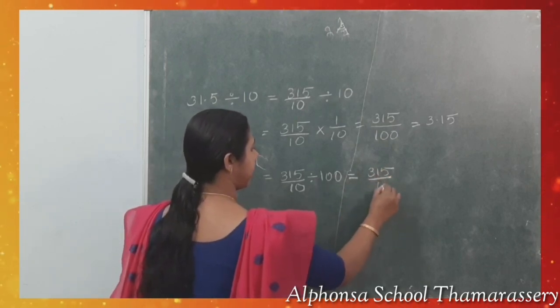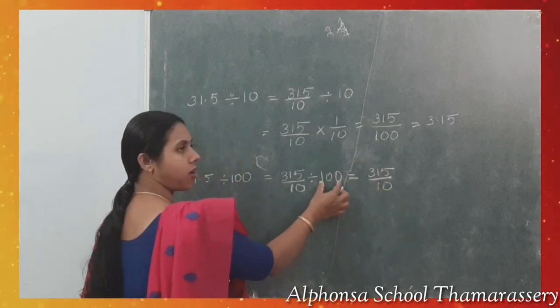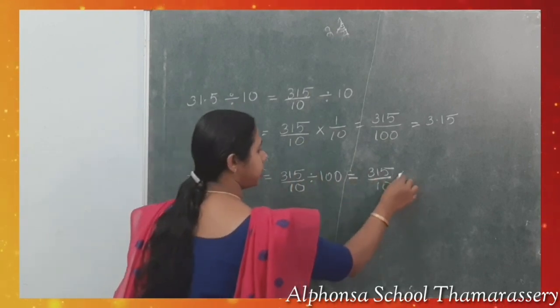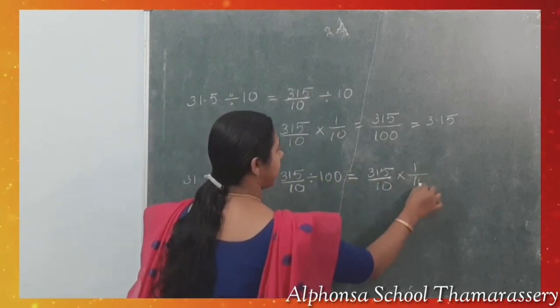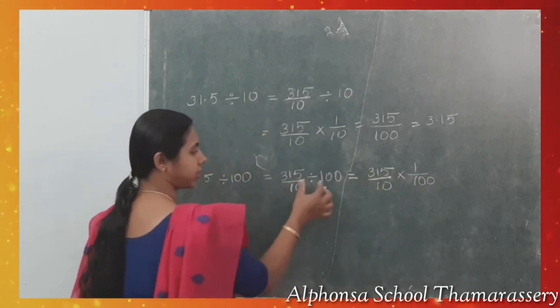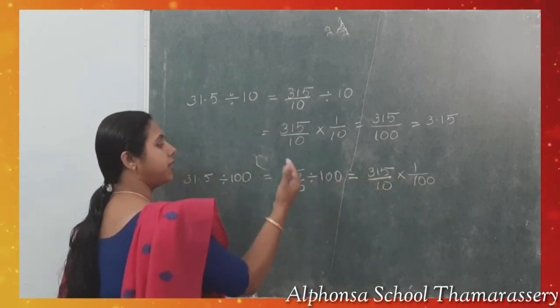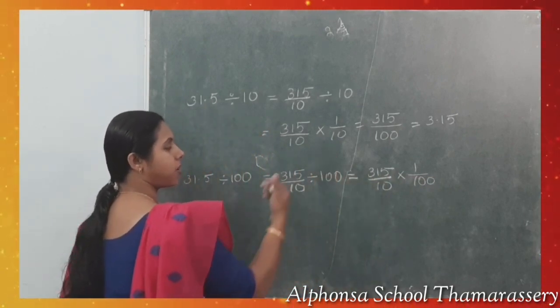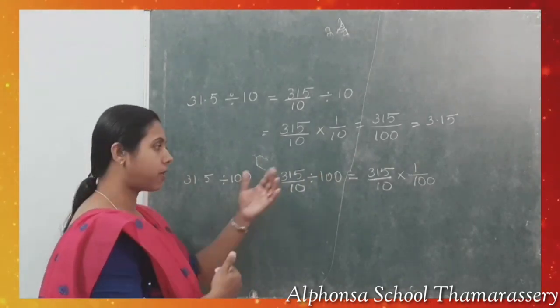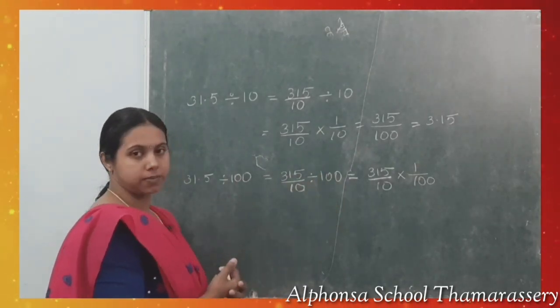Take the reciprocal of 100 and multiply by 1 by 100. When you divide a fraction by a whole number, we should take the reciprocal of the whole number and multiply it.